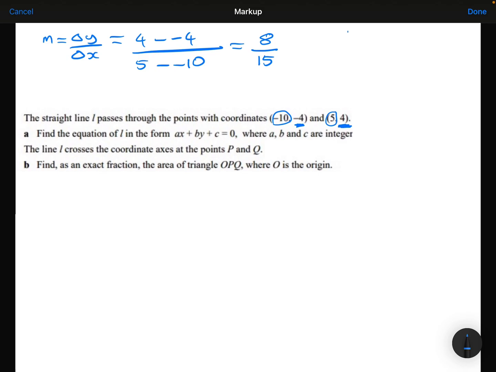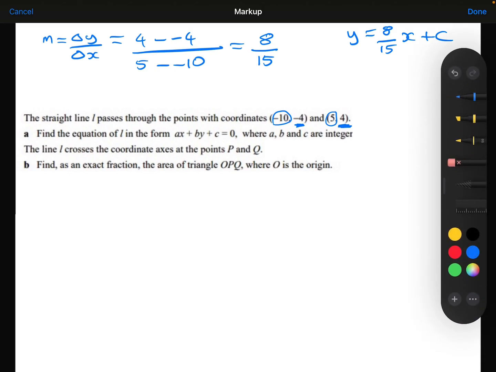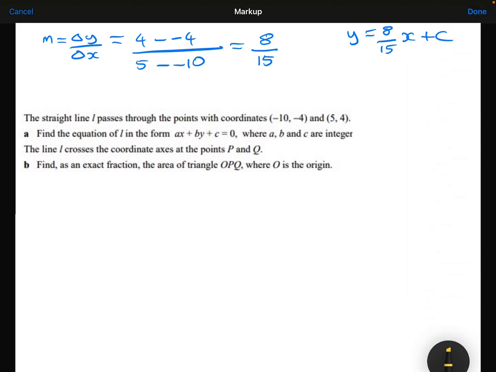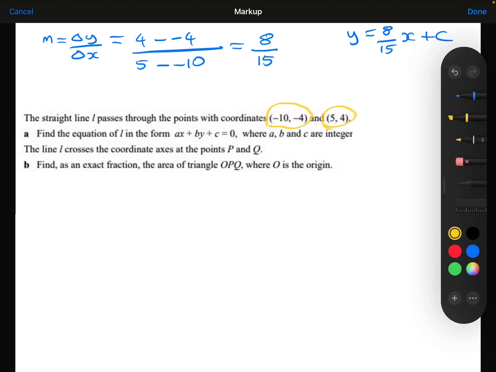And I can now say y equals mx plus c. Now, in order to work out the c, I could substitute either of these points in, because line L goes through both of them.